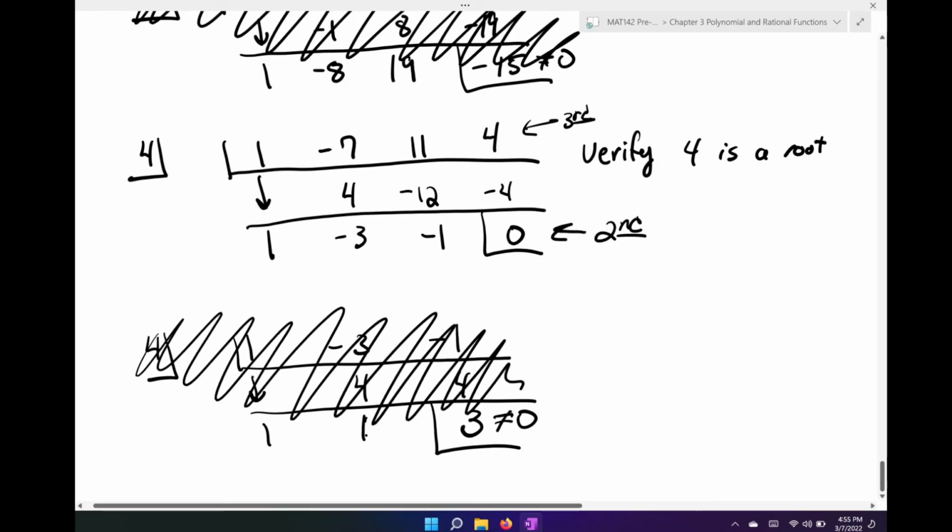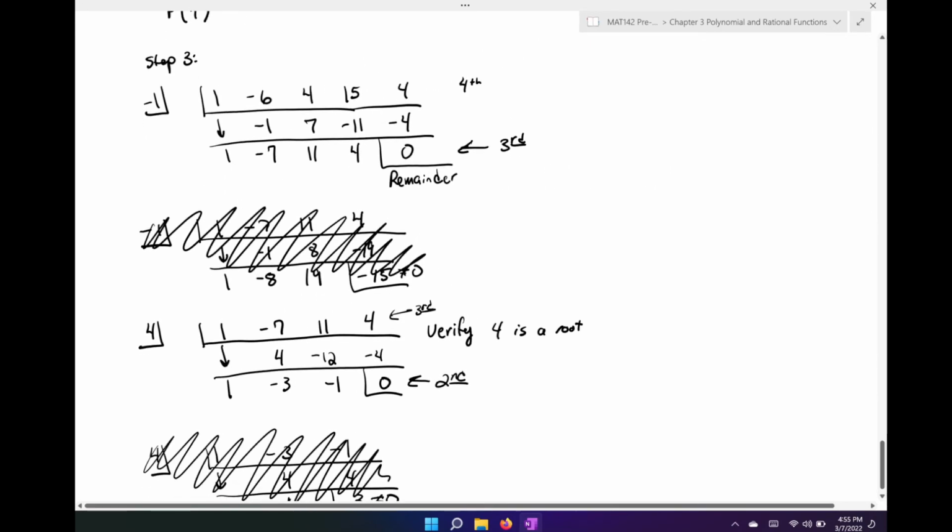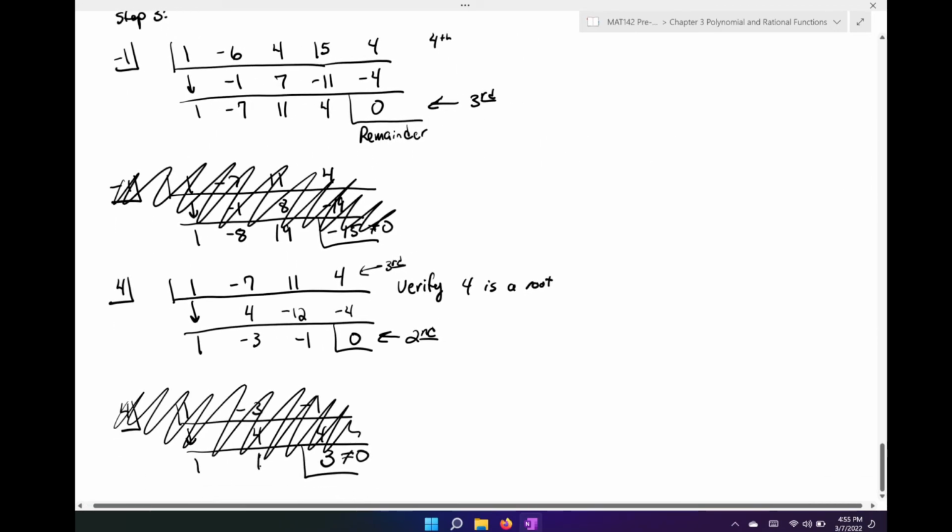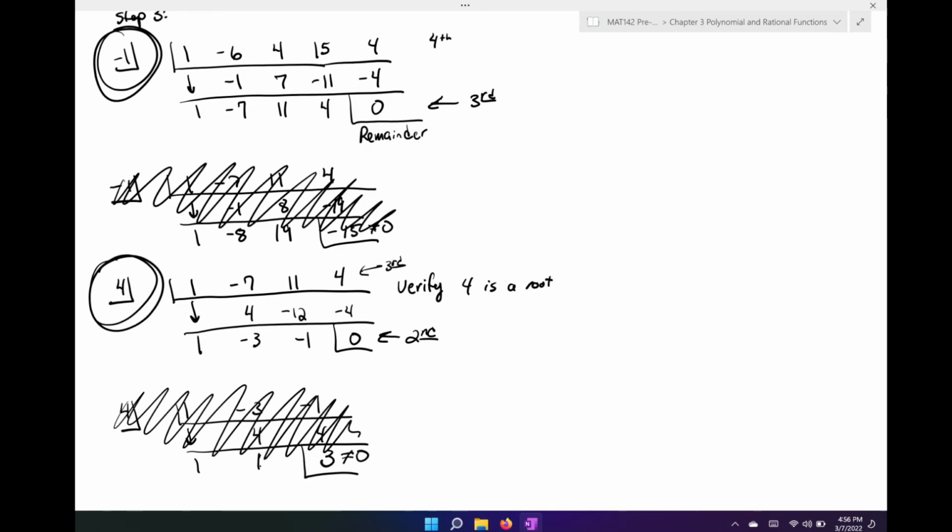So let me zoom out here so we can see everything on the board right now. First, we know -1, definitely a root. We also know 4, definitely a root. We also synthetically divided with them. So here's what ends up happening. Let me highlight it for us.